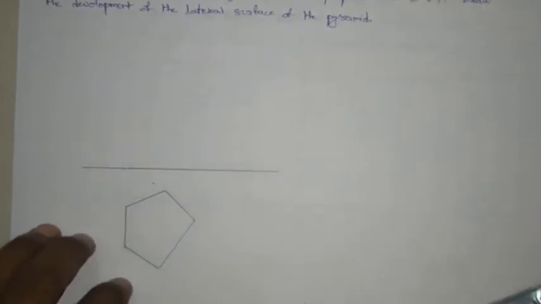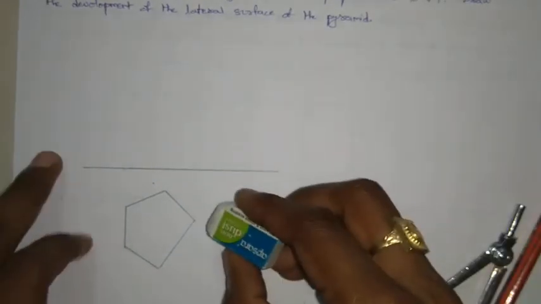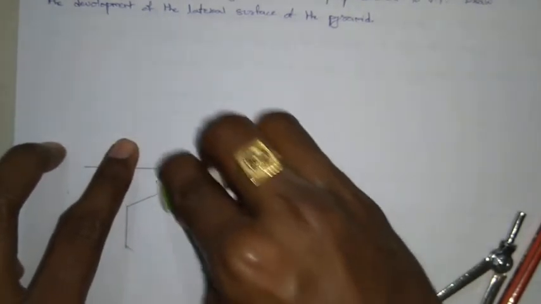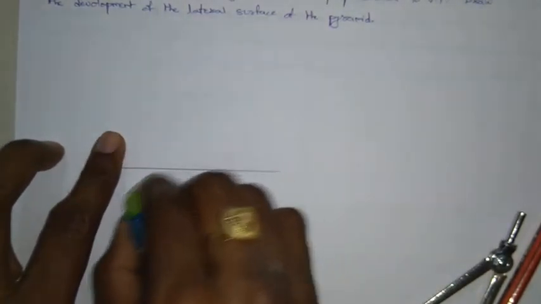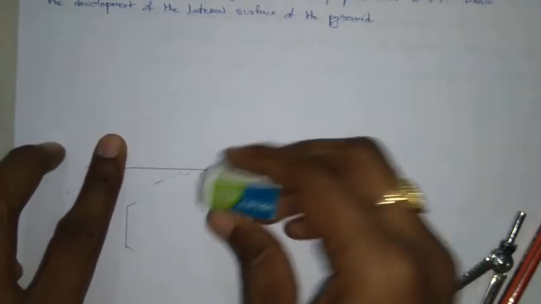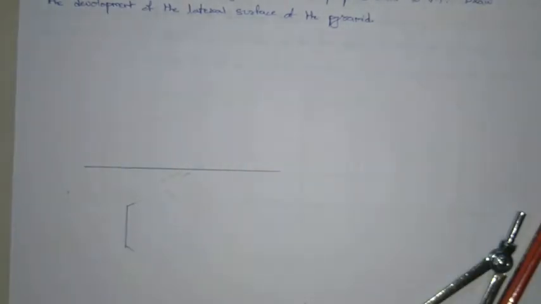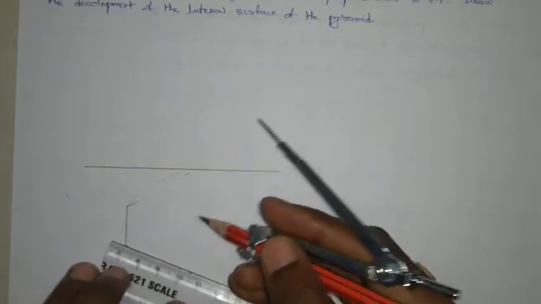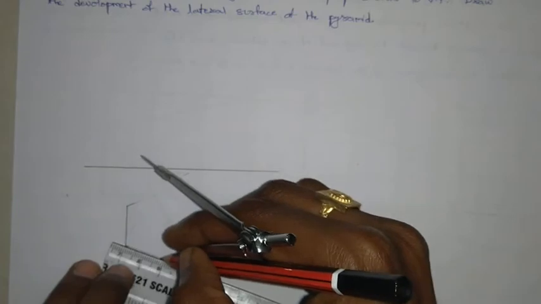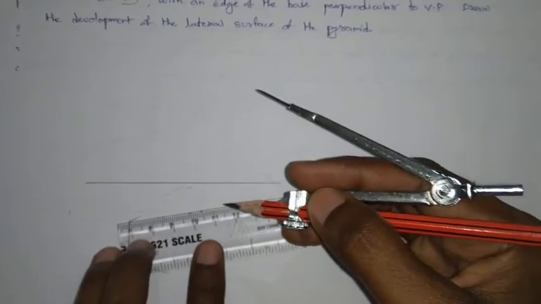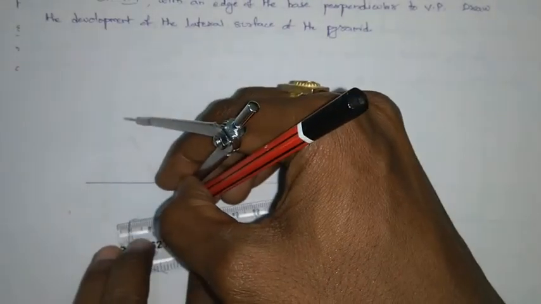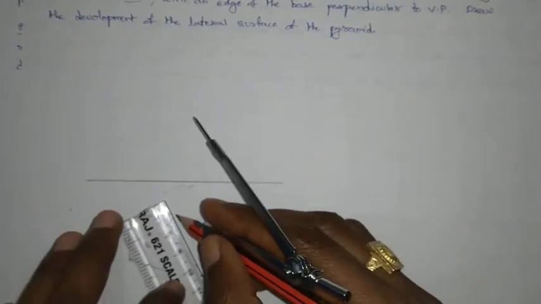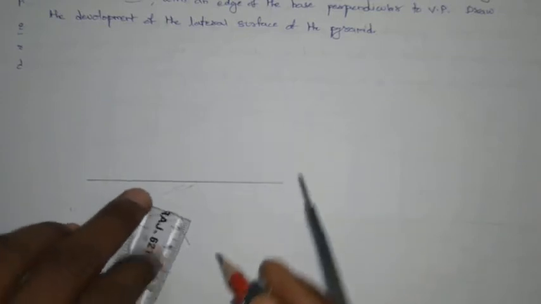So the shape is not exact. I am going to redraw it again. So why I am getting this problem is I am not taking proper dimensions. So I am drawing it as a rough sketch. So you may get like this.